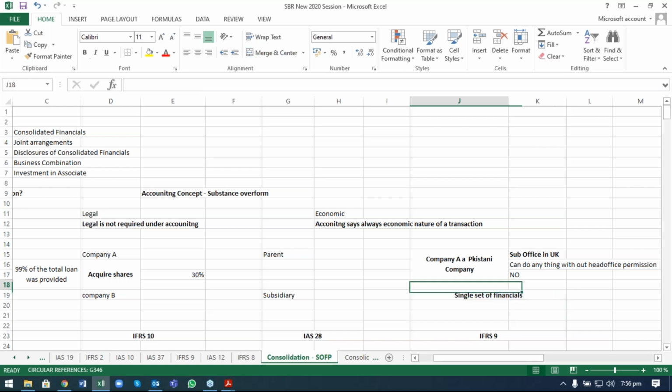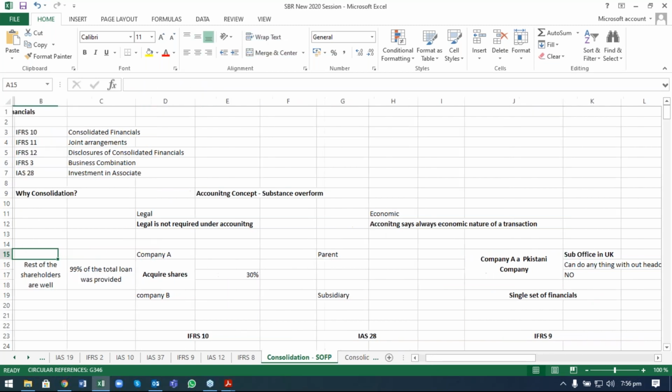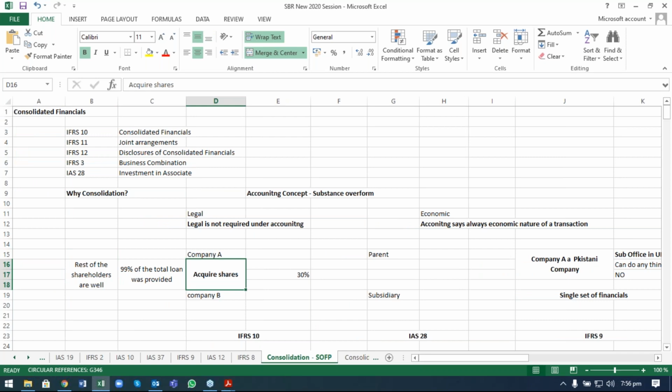In the same way, why? Because this head office is actually controlling the sub office. In the same way, if you look at control in the parent and subsidiary relationship, suppose company A acquires 80% of the shares of company B. I'm not considering the other details over here.